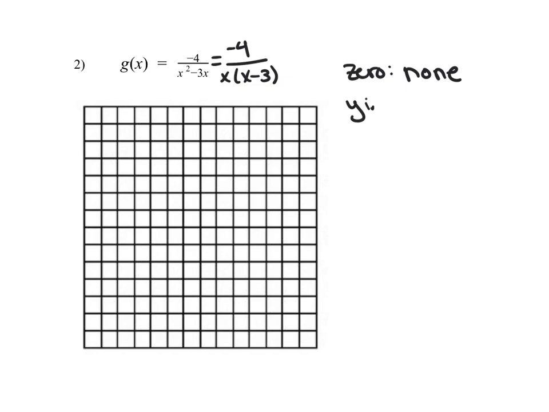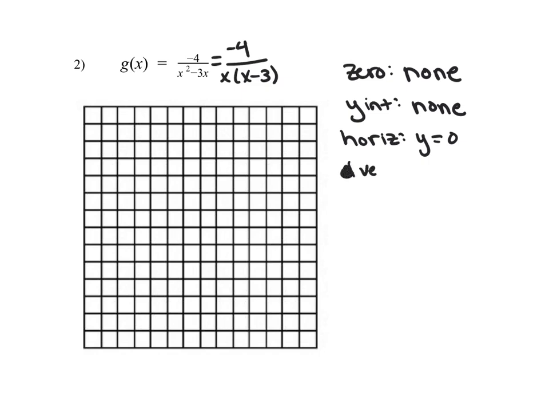And then our y-intercept, which would be when we plug in 0 for x, but then we get 0 in the denominator, so there's no y-intercept. Our horizontal asymptote is going to be y equals 0 because the highest degree is in the denominator.